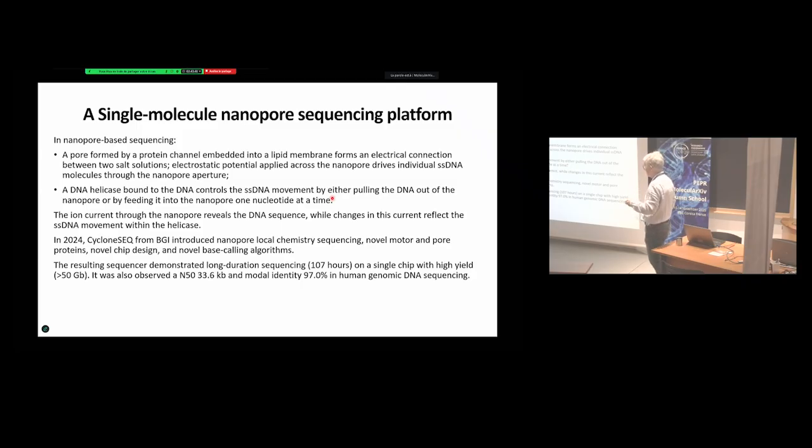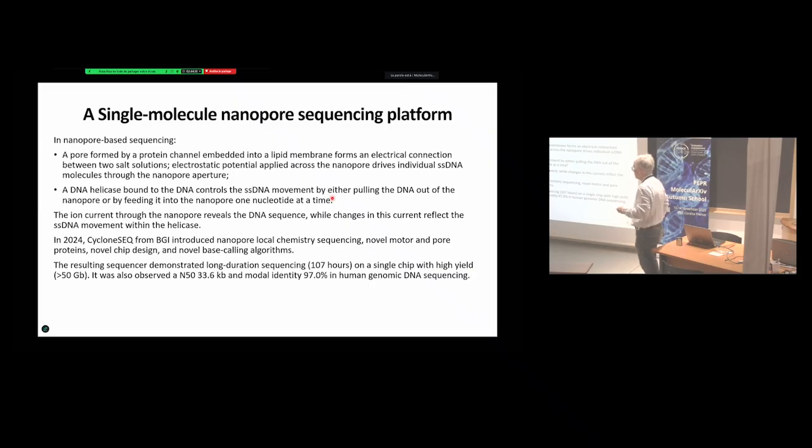And so if you have an electrostatic potential applied between the two sides, you will drive some single-stranded DNA molecules through the nanopore aperture. And so there is additionally a DNA helicase that is bound to the DNA to control the single-strand DNA movements. And so that feeds the nanopore one nucleotide at a time.